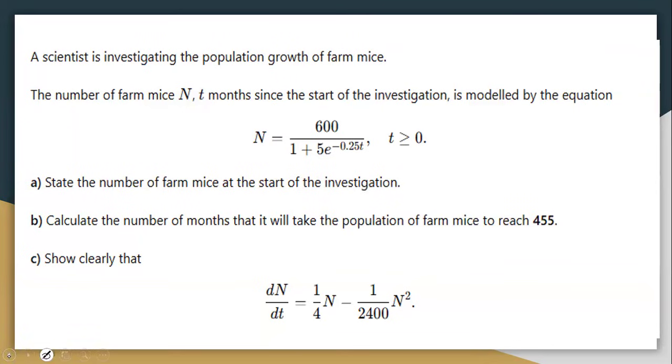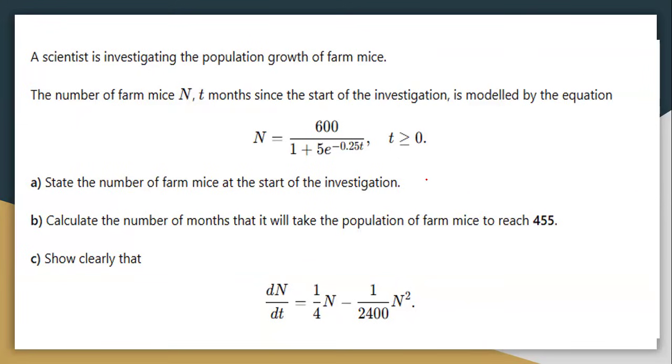For this particular one, the number of mice at the start of the investigation, find out at the start of the investigation.